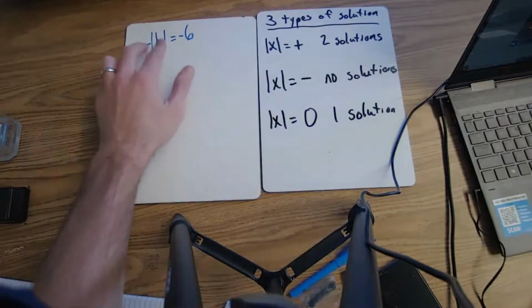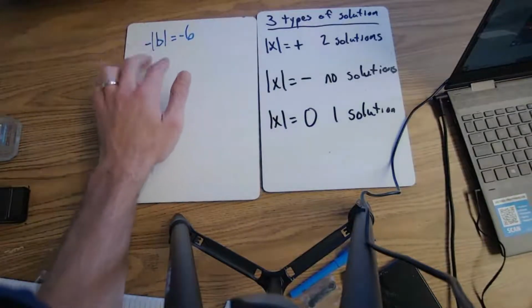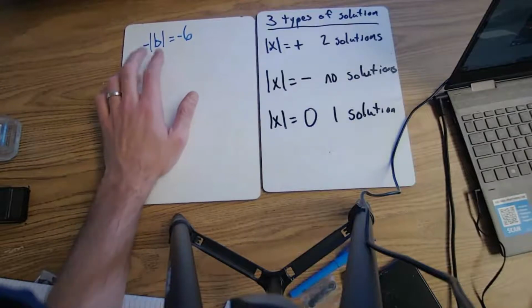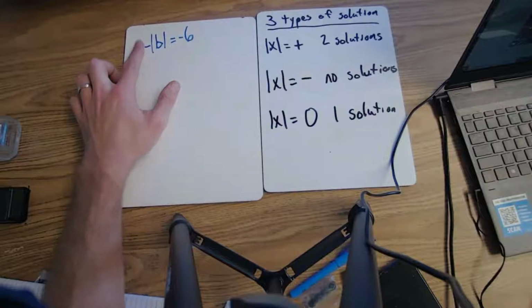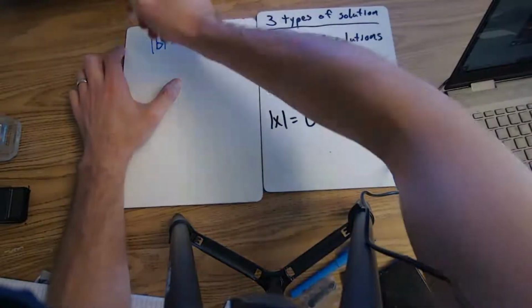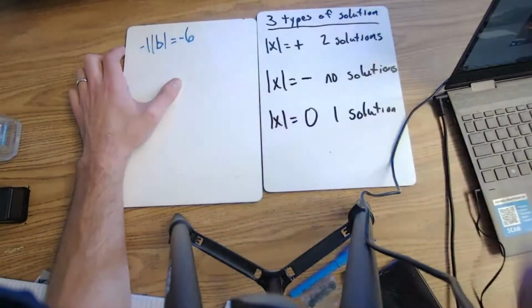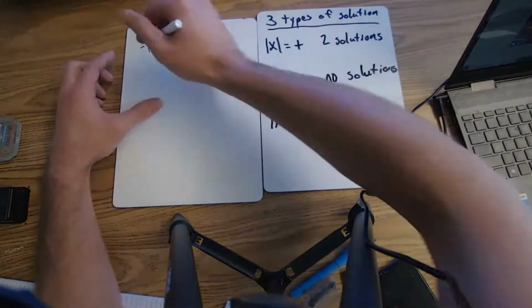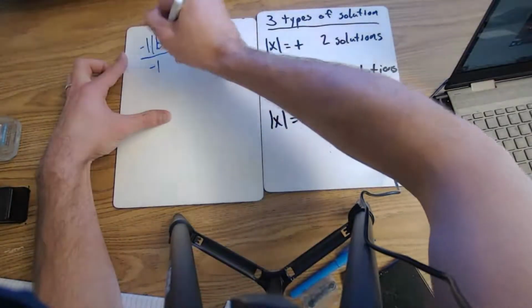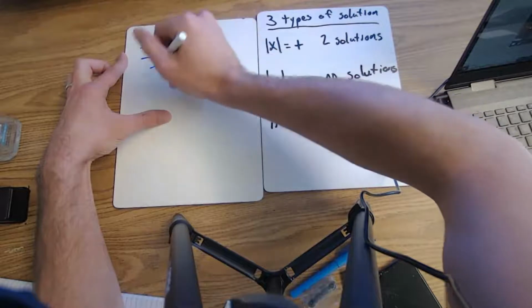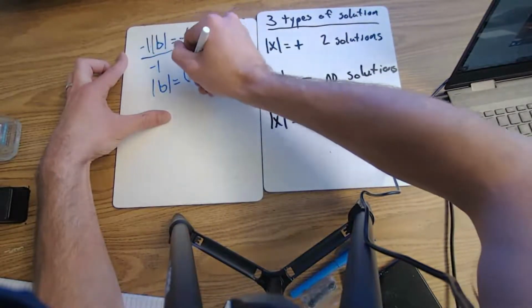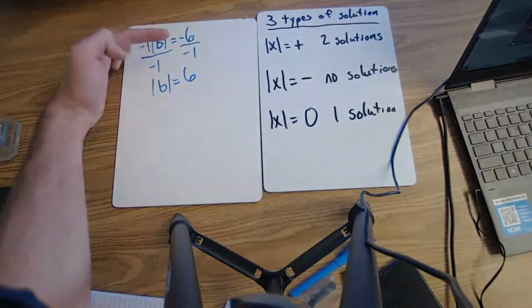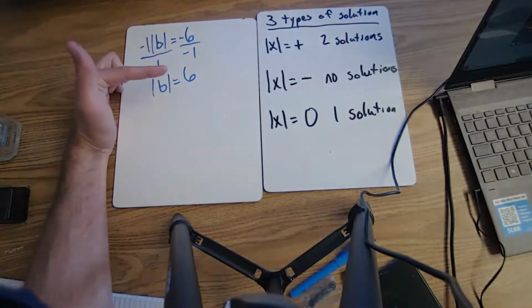We do not have this absolute value bars by itself. So what we need to do is get this negative sign off of here. And remember, a negative sign in front indicates that it's a negative 1. So that's what we're going to divide by. And here I see the absolute value of b equals a positive 6 now, because negative divided by negative makes it positive.